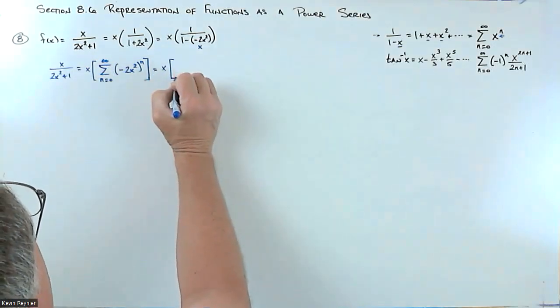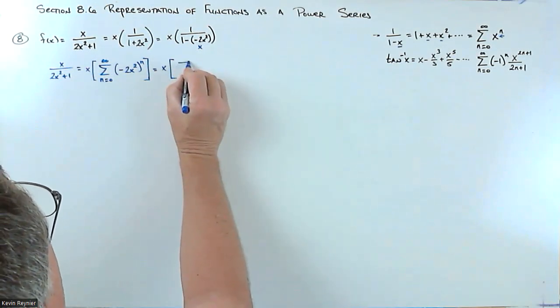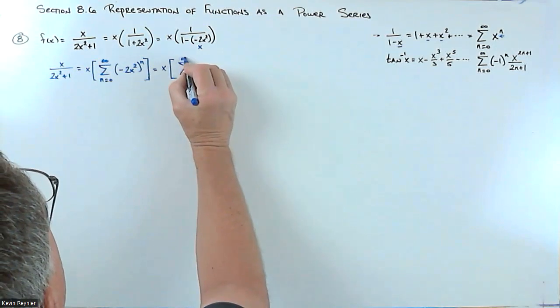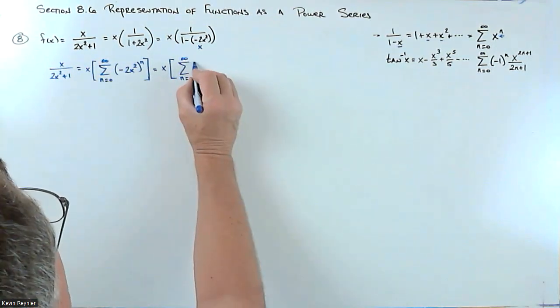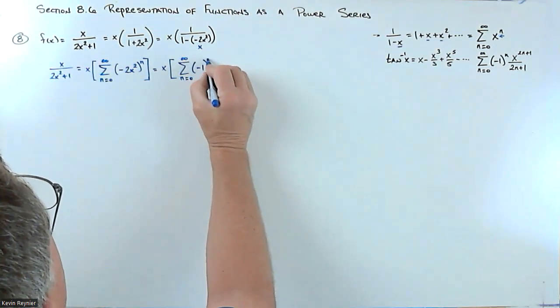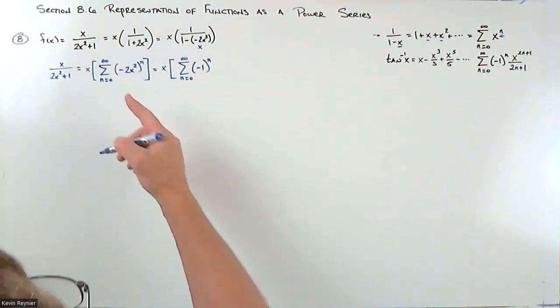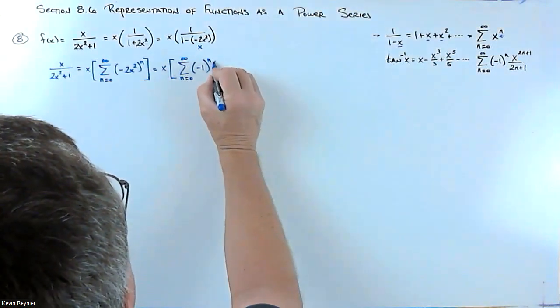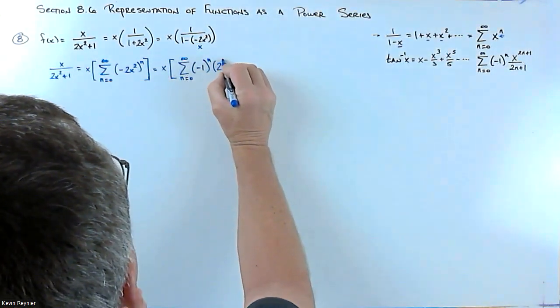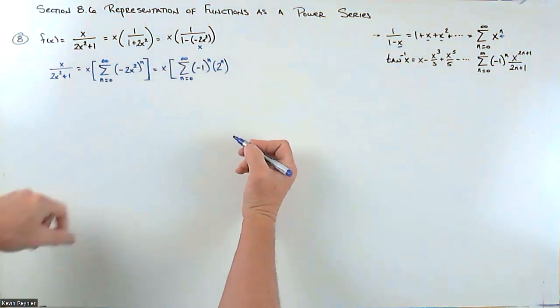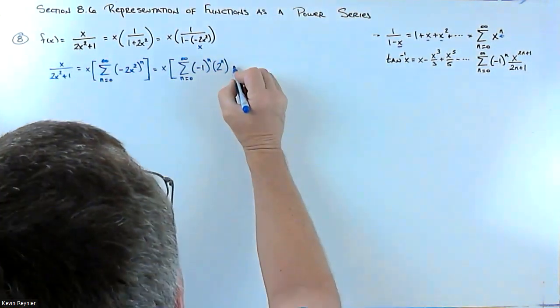We'll just leave the x outside for now, and we're going to put our sigma here, n equals 0 to infinity. And I'm going to go ahead and write this as -1 to the n, so it looks like an alternating series. We have our 2 also to the nth power, so we have 2 to the n as another factor. And then we have x squared to the n.